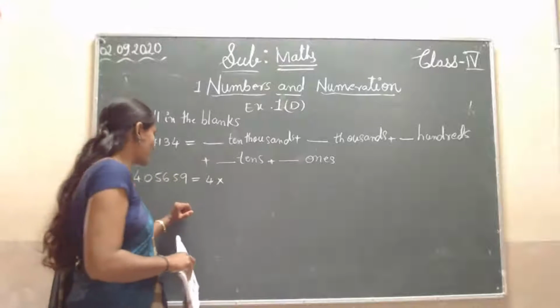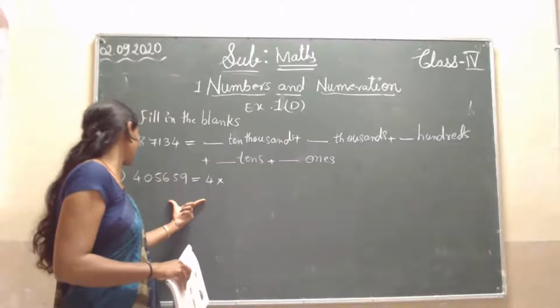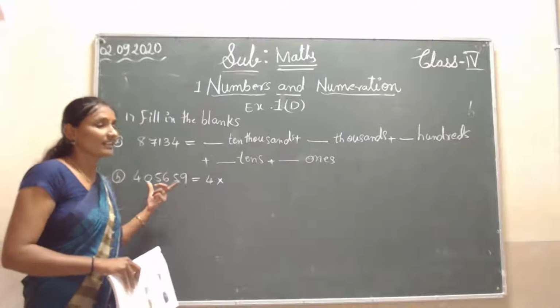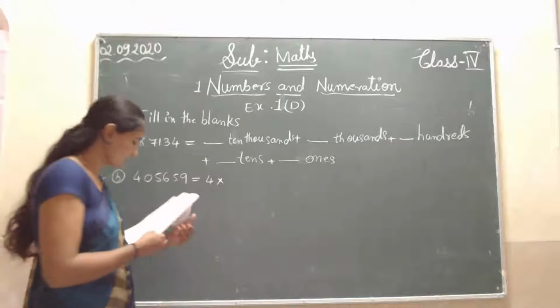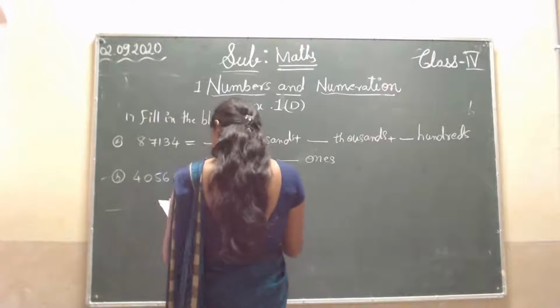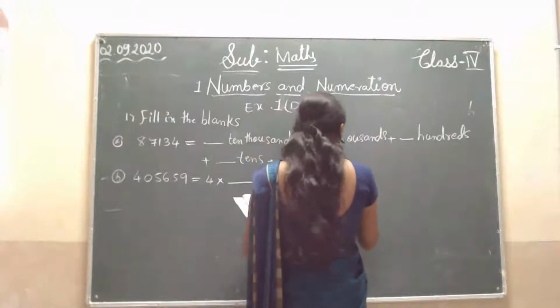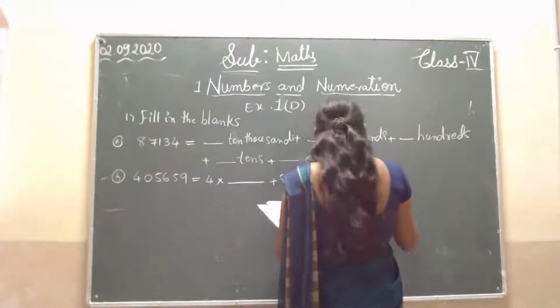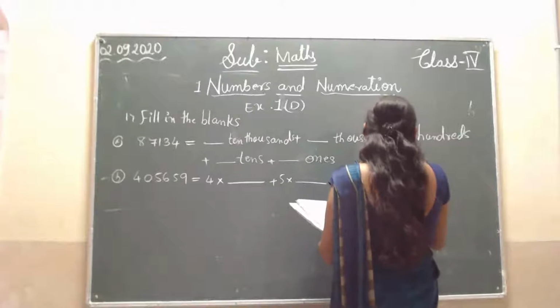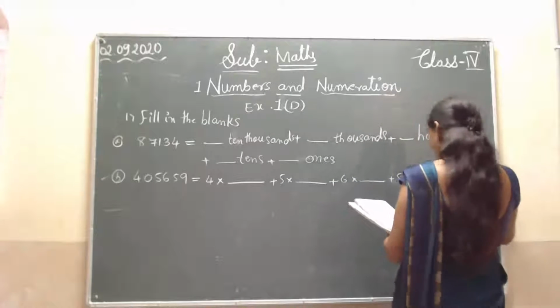The first step is given in the first fill-up. The B1 question has the second step. What is 4 into what is the value here? Plus 5 into dash. Next is 6 into dash. Next is 5 into dash. Next is 9 into dash.